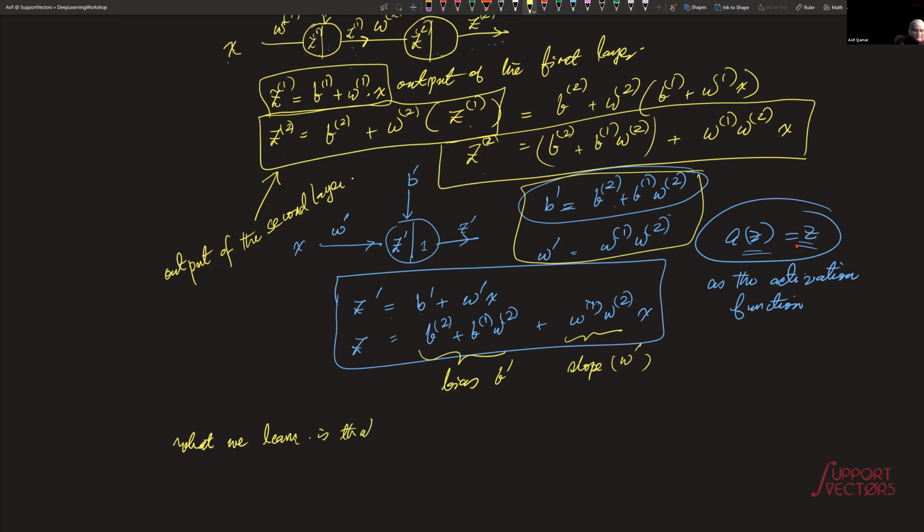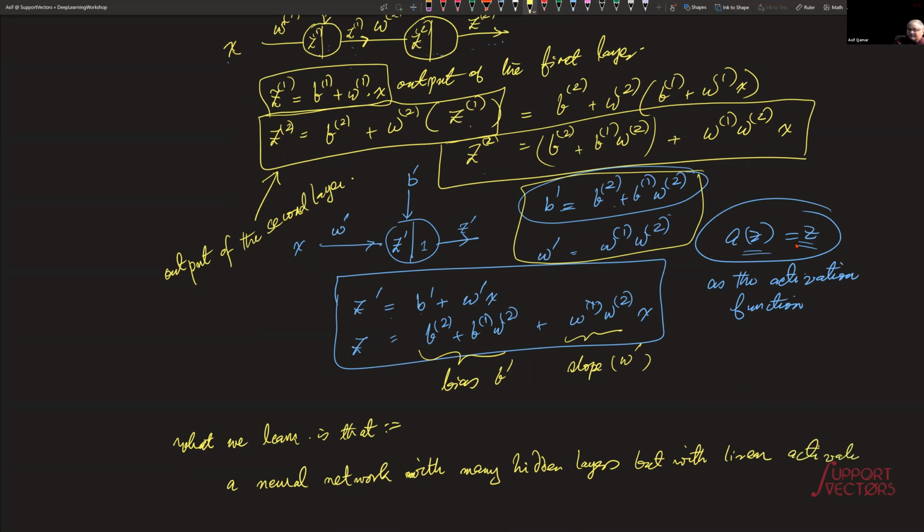What we learn is that a neural network with many hidden layers but with linear activation is, what can we say about it?